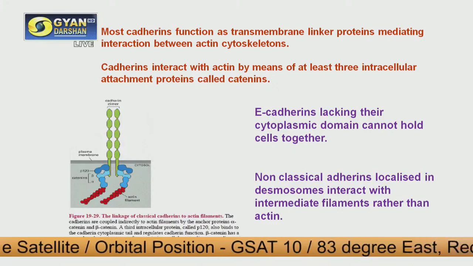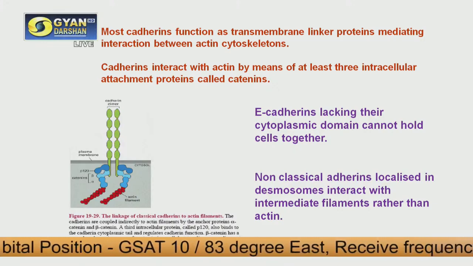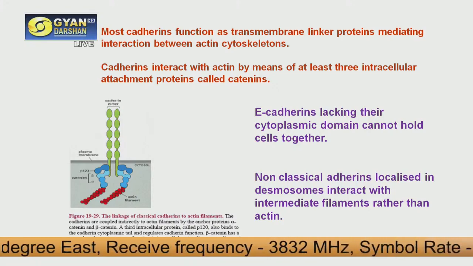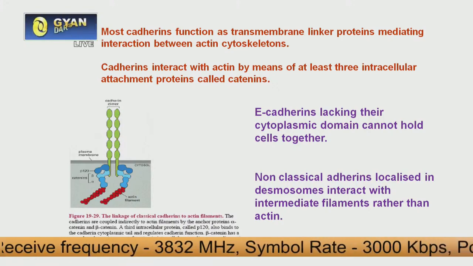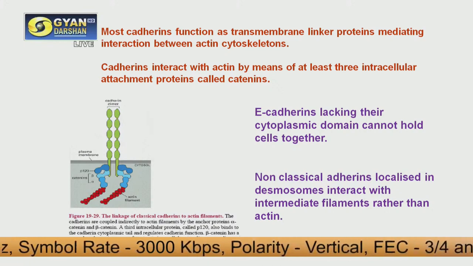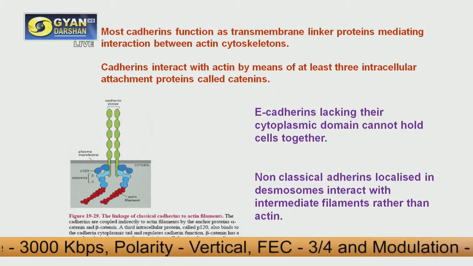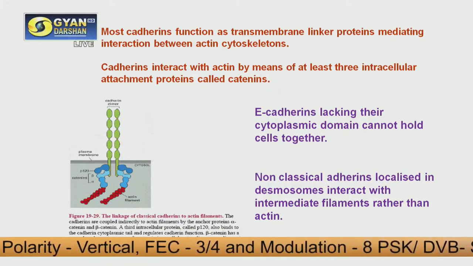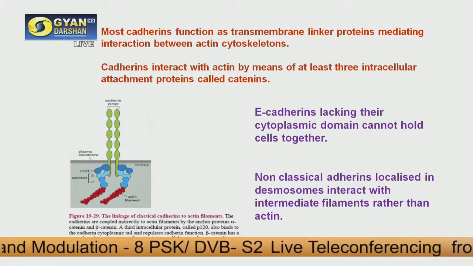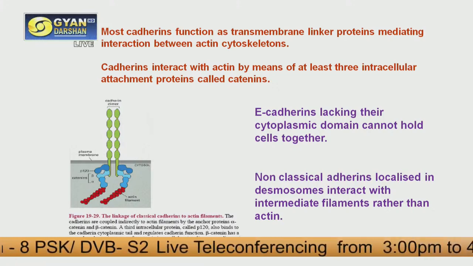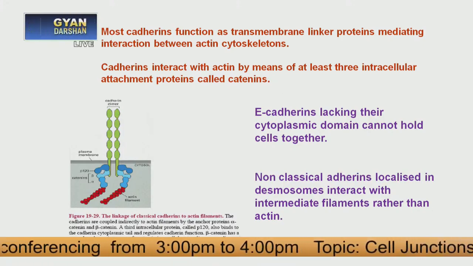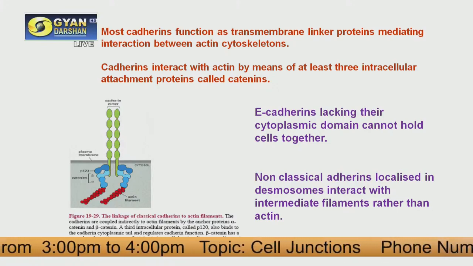There are three different kinds of proteins which are called catenins: alpha catenin, beta catenin and P120 proteins. These proteins help to connect the cytosolic portion of a cadherin to the actin cytoskeleton, and that is how they mediate interaction or anchorage with the actin filaments.